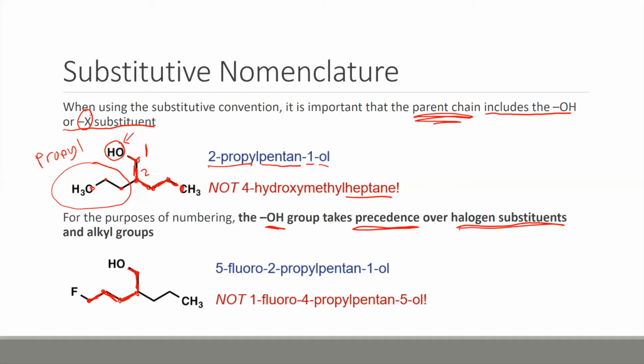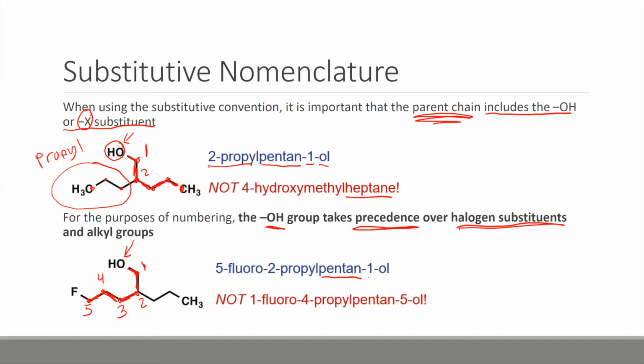So this would be our main parent chain. It's 5 long. That's where we get the pent. Now I have to pick which side to number from, and as I just said, OH gets precedence, so we number from this end. This is position 1, 2, 3, 4, and this is 5. So our OH would be in position 1.